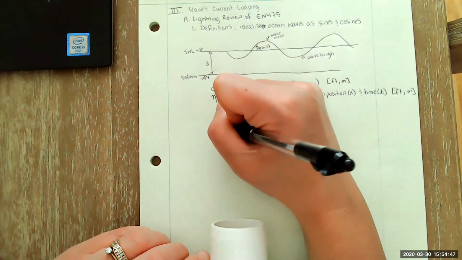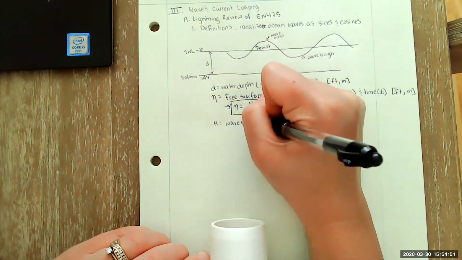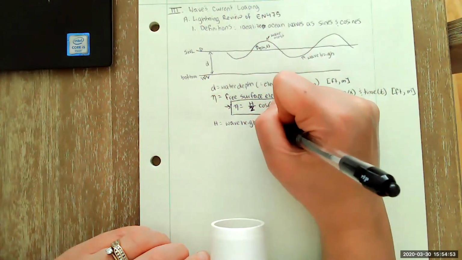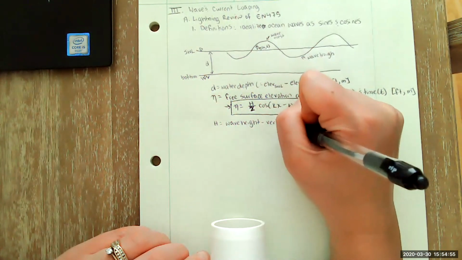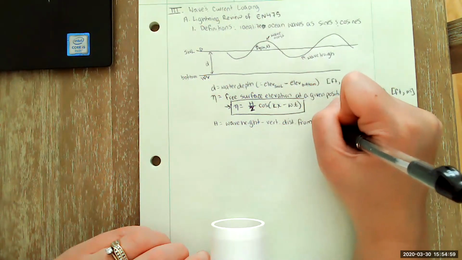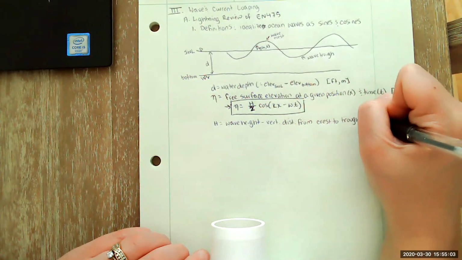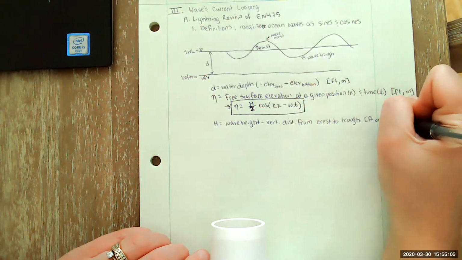Again, h is equal to my wave height, which is the vertical distance from crest to trough. Again, this is in feet or meters.